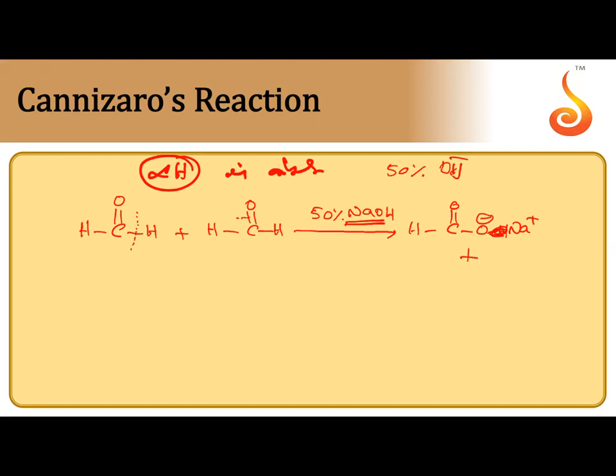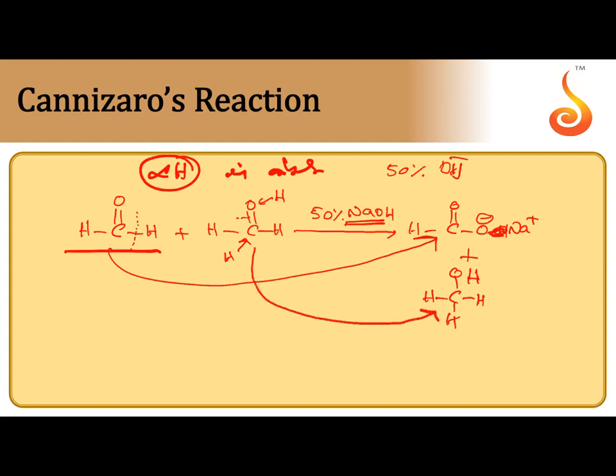And in the other one, the pi bond is broken, H goes to oxygen, H goes to carbon. So CH3OH, methyl alcohol, is obtained. The same formaldehyde undergoes oxidation to give the sodium salt of a carboxylic acid, and the same formaldehyde undergoes reduction to give an alcohol.